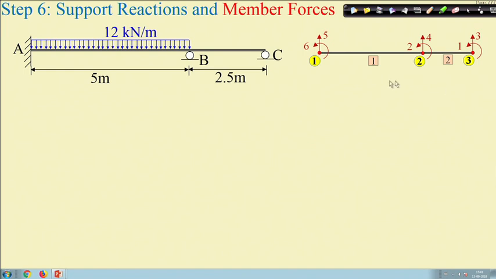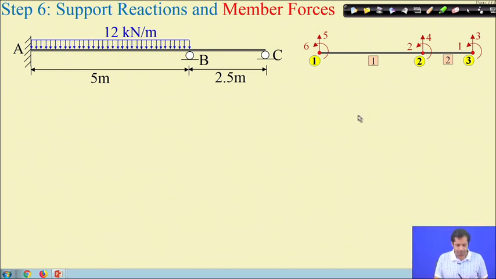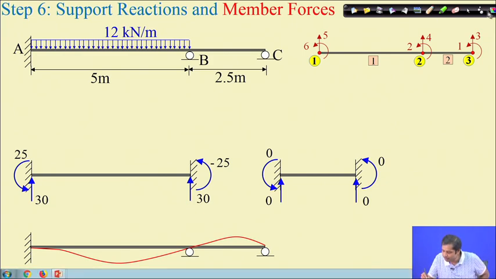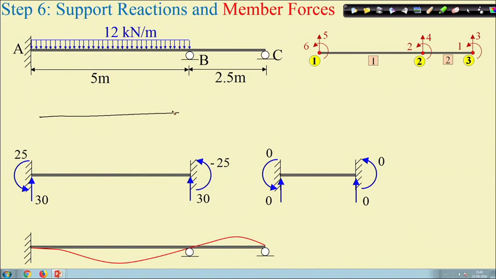Now, this is how the numbering of the members and joints is done. We have two contributions, as I just said. If we take any arbitrary member, say member number 1, in this member we have shear force and bending moment, no axial force.